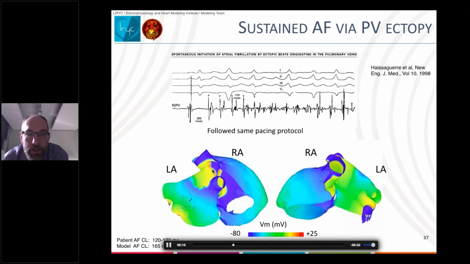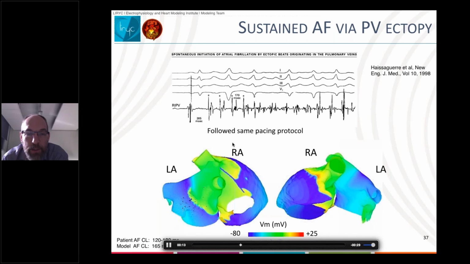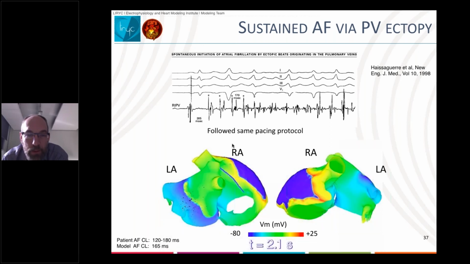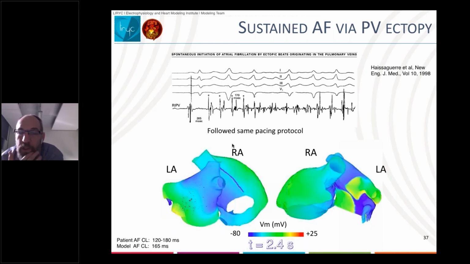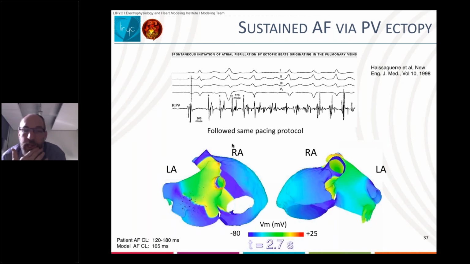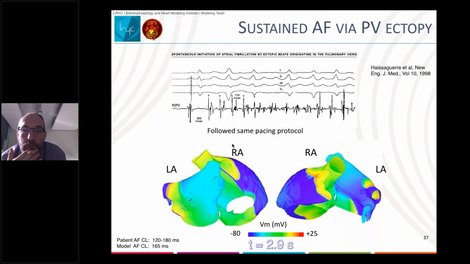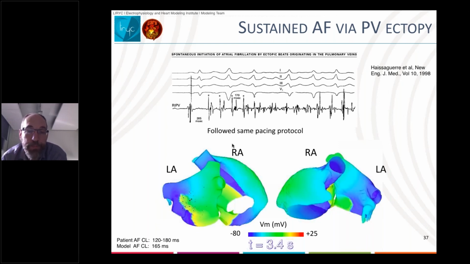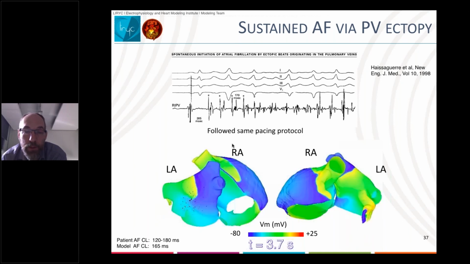Now we have a reentry. We stop pacing, and we have a reentry that has developed. So with every pace, these heterogeneities develop and grow, and then eventually, this doesn't work with every situation, but that's what they do clinically. It doesn't always work in the simulation, but it always works in the clinic.